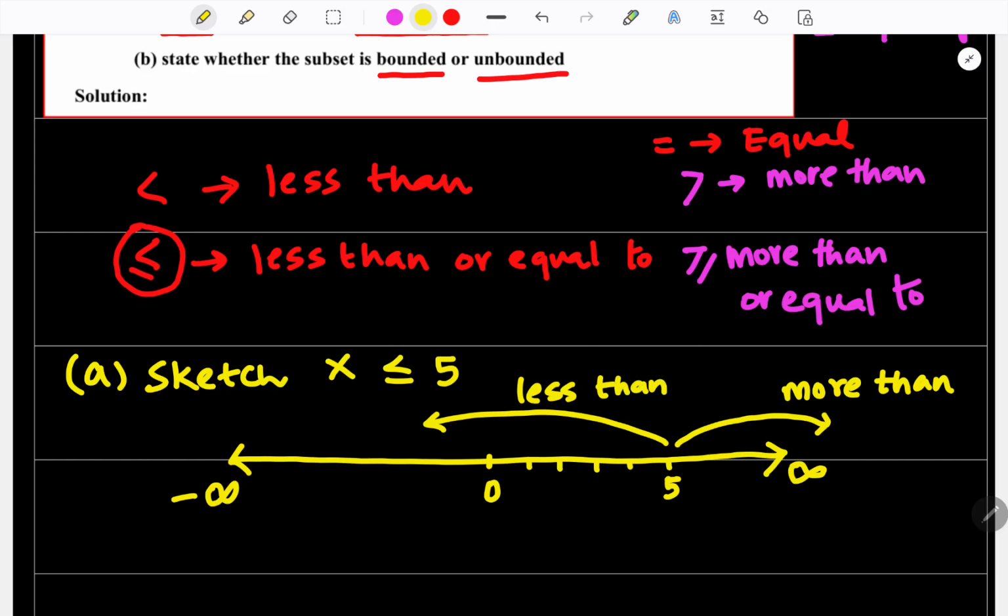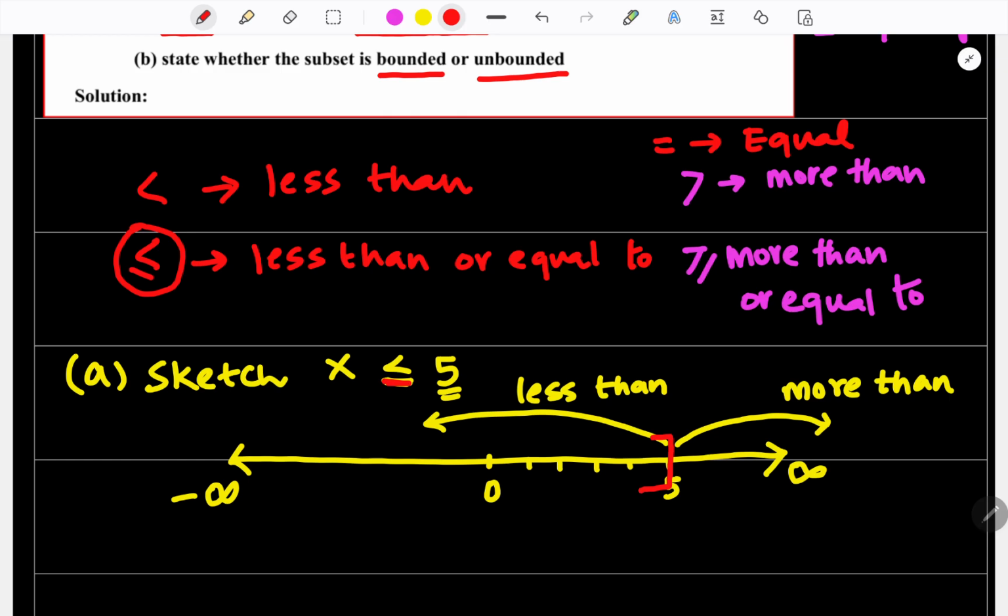What is given? x less than or equal to 5. It means the 5 is included. If there is a line, it means it's included. So you have to make a closed bracket.